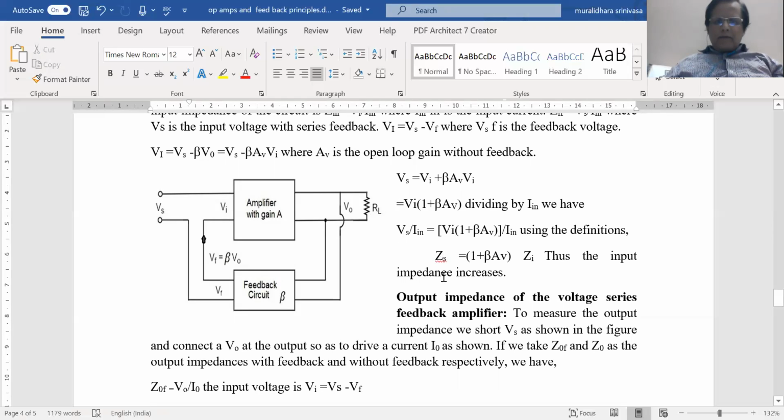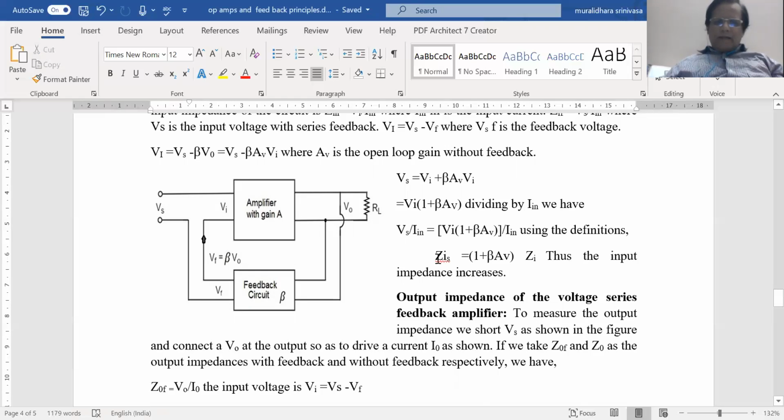So that is equal to 1 plus beta AV by Zi, because Vi by In gives Zi, the original input impedance, and 1 plus beta AV stays the same.